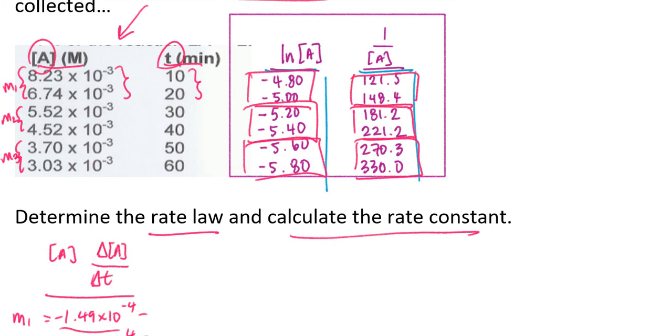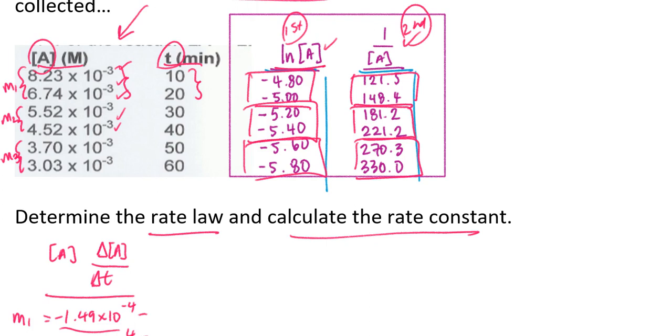My next step should be to evaluate the natural log of each of these concentration values, and also the reciprocal of each, so that I can test the first order possibility and also the second order possibility for this reaction.